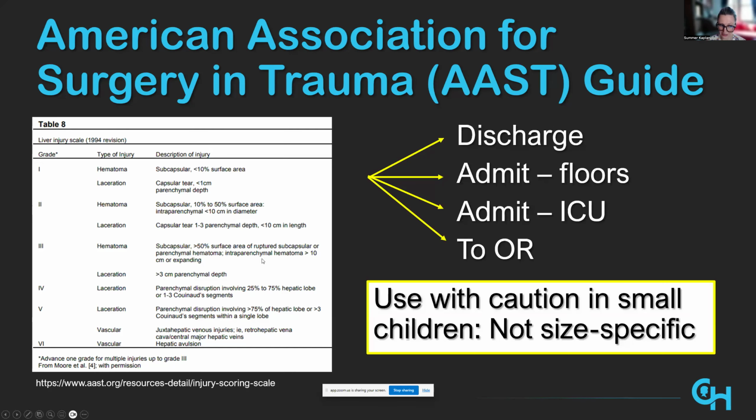They're all based on length of injury, so use this with caution in small children, because a 3 centimeter laceration in an infant's liver may go the entire thickness of their liver. You wouldn't want to apply them strictly in children because of the differences in body size.